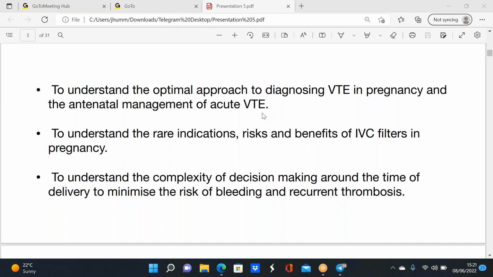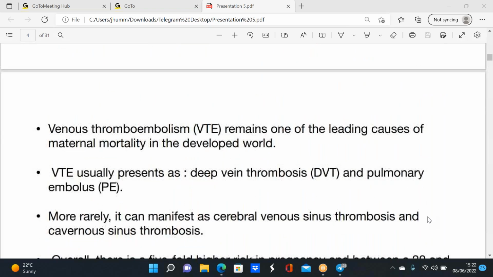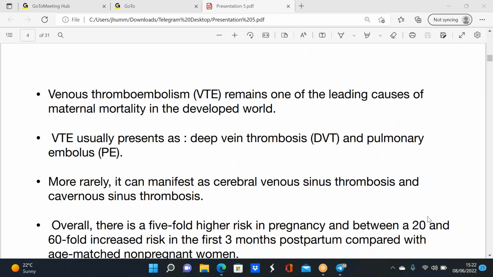Then you should understand the rare indications, risks, benefits of IVC filters in pregnancy, and the complexity of decision making around the time of delivery, because at the time of delivery there will be a risk of bleeding as well as recurrent thrombosis. So you should know how to manage an acute event at that time as well. Okay. If anyone is having any issues, please feel free to stop me. Or we can discuss at the end as well.